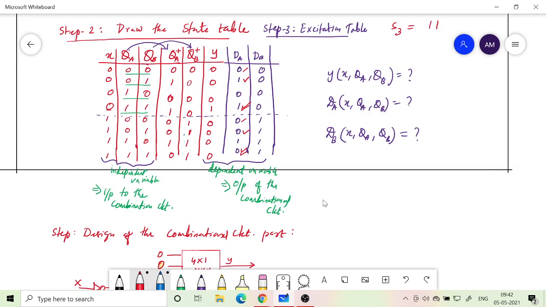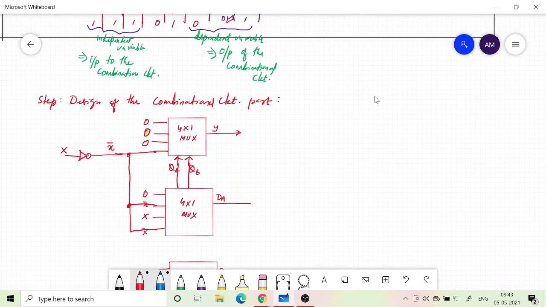So everything is like X. For all the states it's X, you can see that. When X equals 0 it is 0, when X equals 1 it is 1. Similarly for 0 1 also, X equals 0 it is 0, when X equals 1 it is 1. So you just need to give X everywhere.